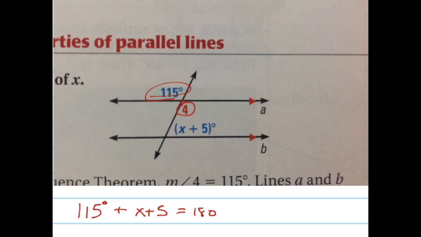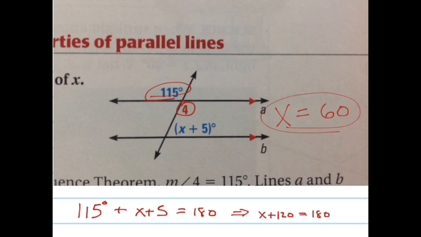So that tells us that x plus 120 equals 180. So what does x equal? 60. Now we don't need to put the degrees there because that 60 would just go into this expression, which already has the degrees outside of it. Okay, x doesn't need that unit on it.